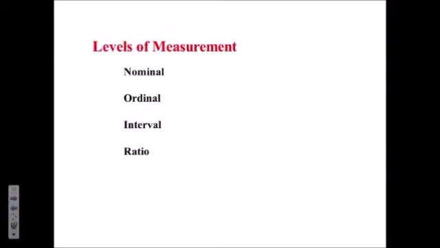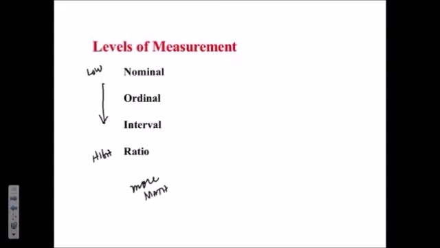We also have levels of measurement. We have them here listed from the lowest to the highest level. And what happens is that as you go down from low to high, there's more you can do with the data. You can do more math as you go down.